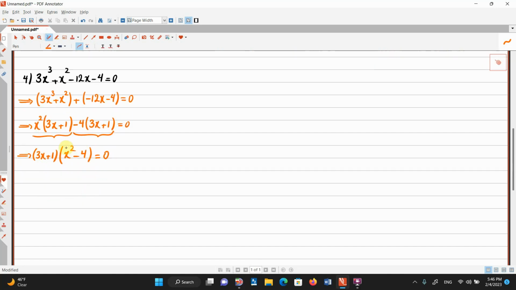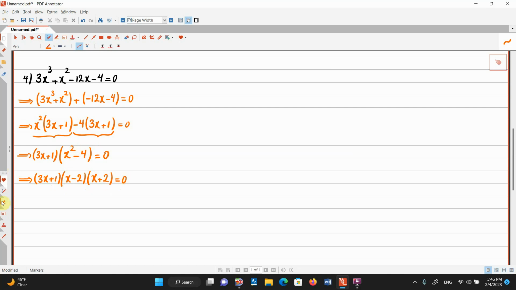But factoring does not finish yet. This parentheses can be factored more. Then 3x plus 1 should be written, and the factored form of this binomial, using the difference of two squares, will be square root of the first term minus square root of the second term times square root of the first term plus square root of the second term, which is equal to 0.